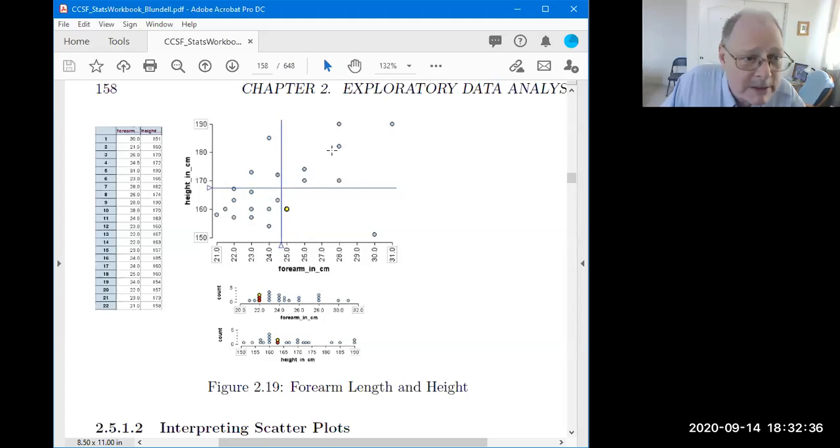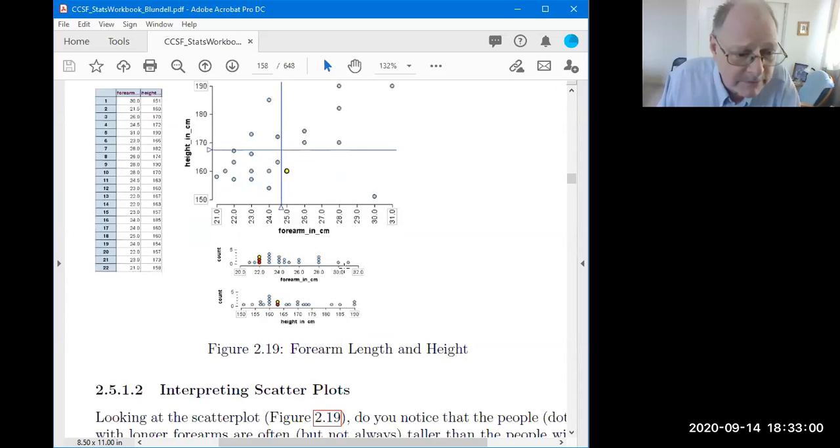And also up here in this quadrant where the forearm length and the height of the person are both above average, there's a lot of people there. Fewer people on the diagonal. So the two things are tending to sort of go together a little bit. So that's an example of a weak positive association.